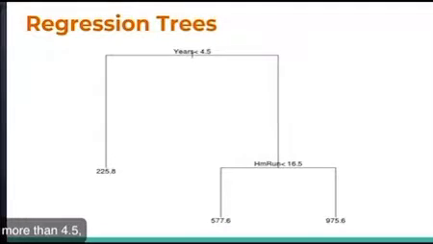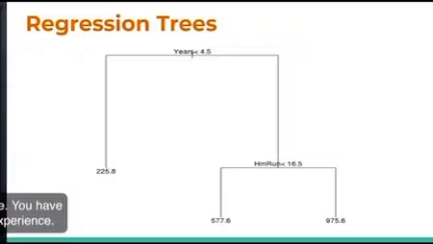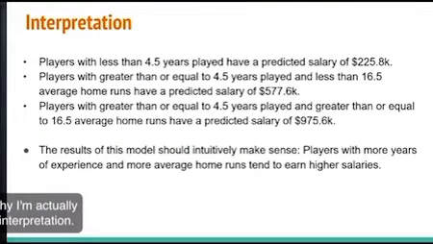More than 4.5 years and more home runs, we have more salary. That really makes sense. You have more experience, and not only that, you're hitting more home runs, so of course you're going to have more salary. But when you take a look at this guy, more than that but less of that, we have this. That is why I have this interpretation.